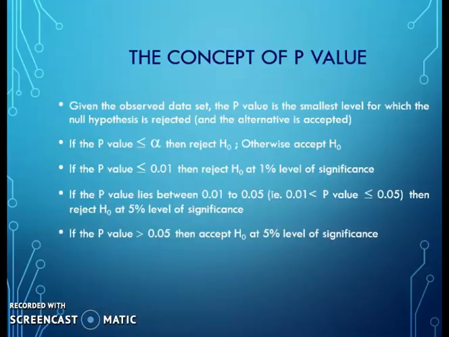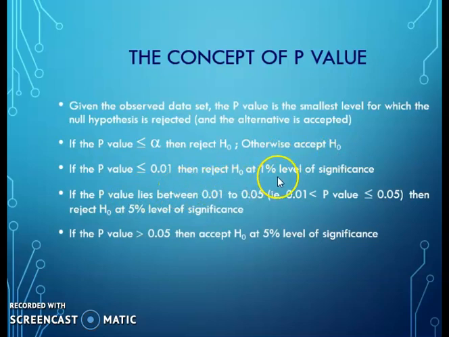Next we have the concept of p-value. The p-value is the smallest level of significance for which the null hypothesis is rejected. When we are rejecting it, the alternative hypothesis will be accepted, meaning the opposite of what we think, so on a few parameters we need to accept it. If the p-value is less than alpha, then we reject the null hypothesis, otherwise we accept the null hypothesis.